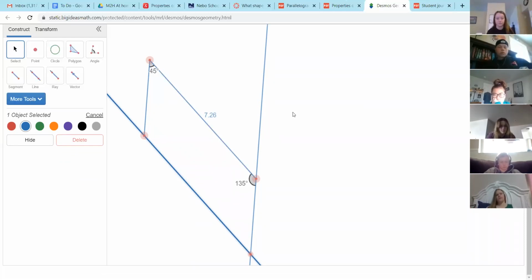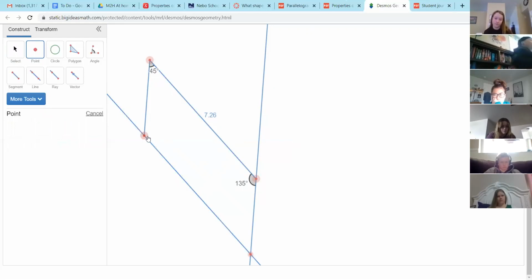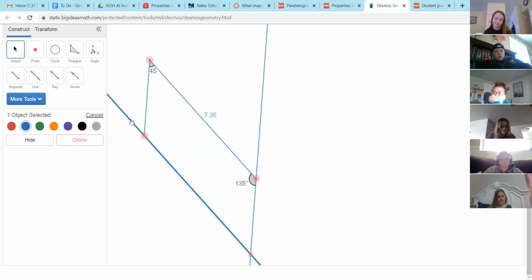Anybody know why I can't measure that? You have to unmute yourselves and tell me. Why when I click on this, can I not measure it?